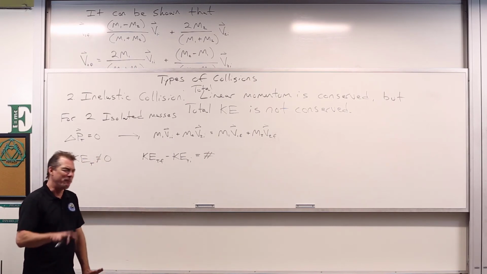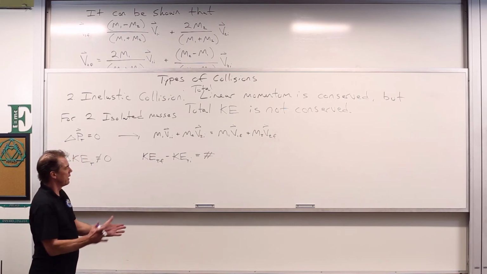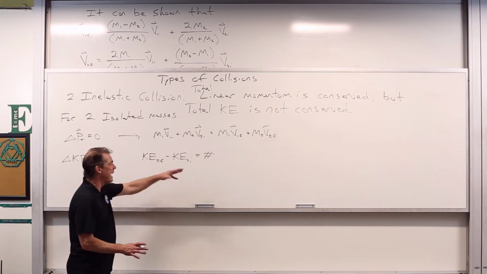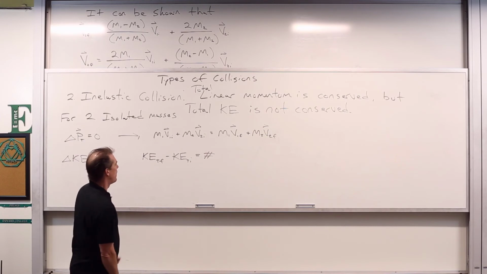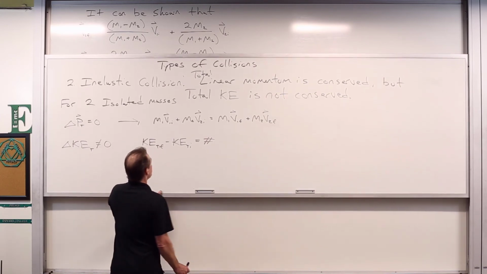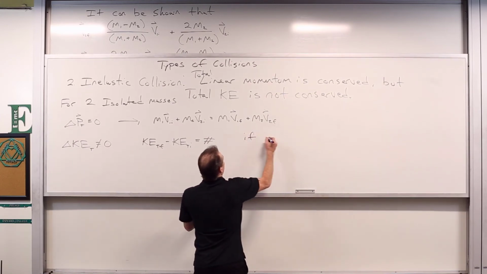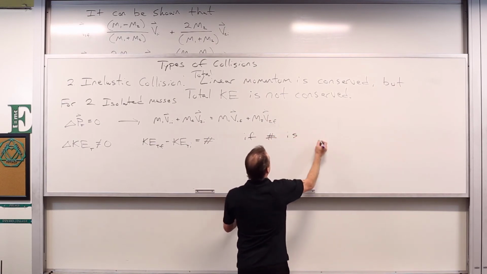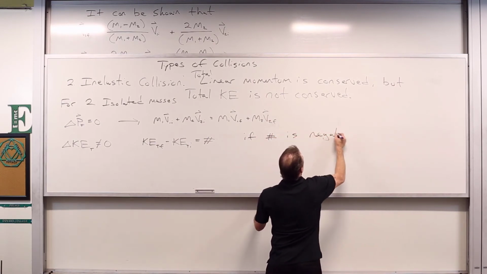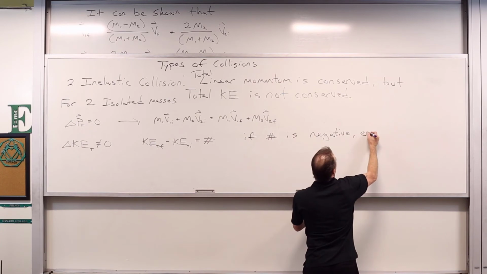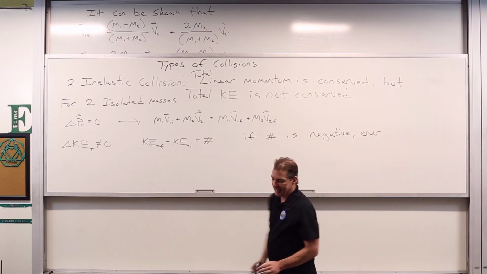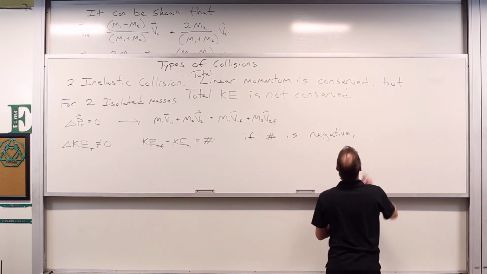With the latter being the more typical of the two, things collide, energy is lost, or kinetic energy is lost, transformed to other forms. So the number is negative. Kinetic energy is lost.